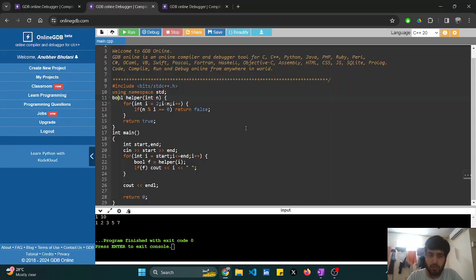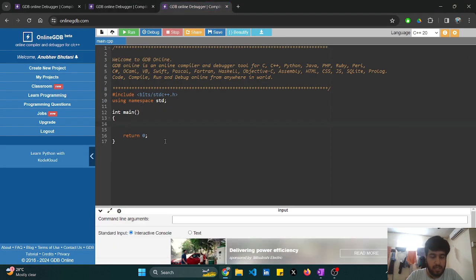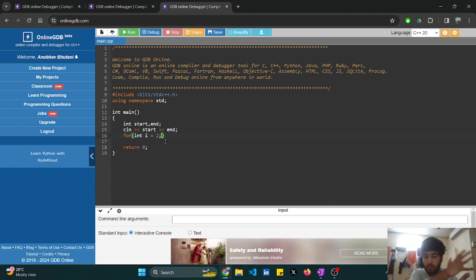Okay, if I try to write the code for this that I'm telling, I'll start by initiating a start and the end. I'll just take them as the input. I'll start from the index 2, because 1 is excluded.